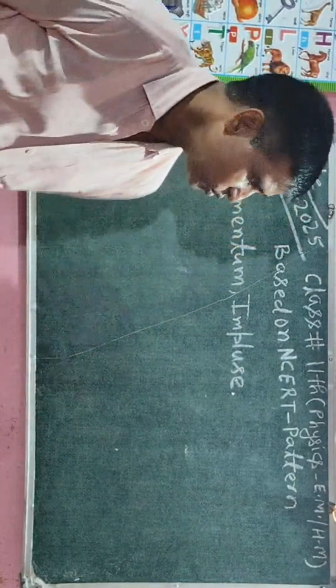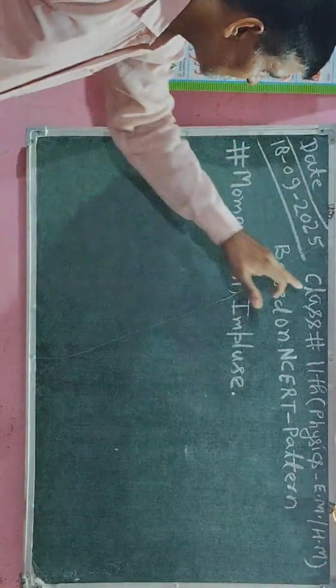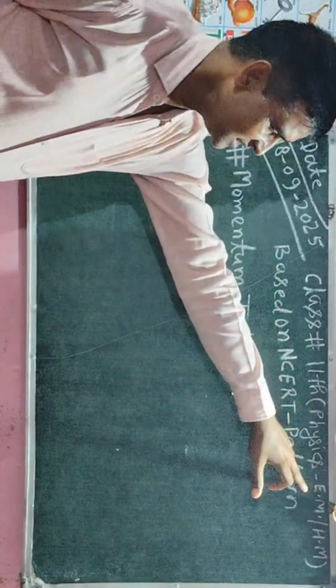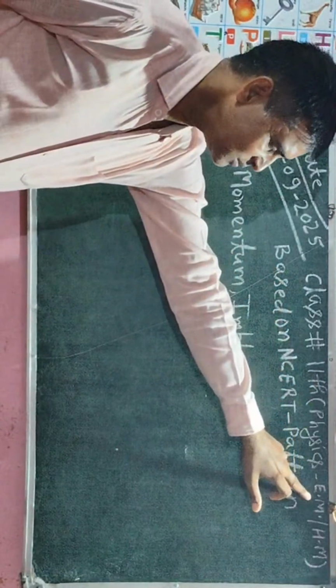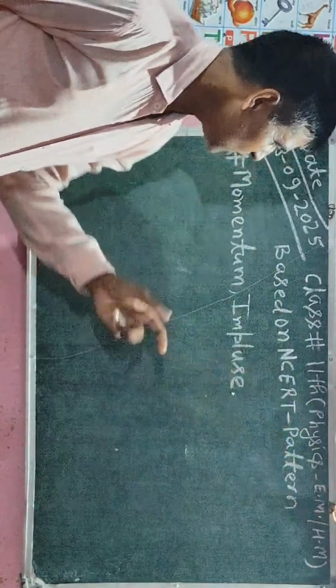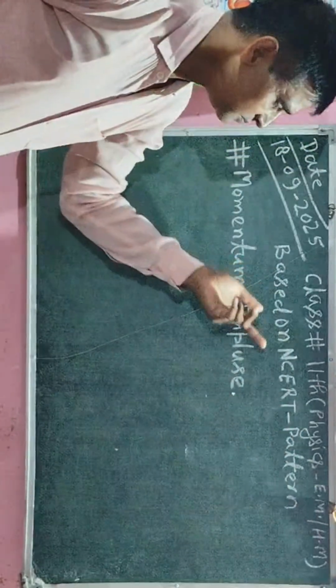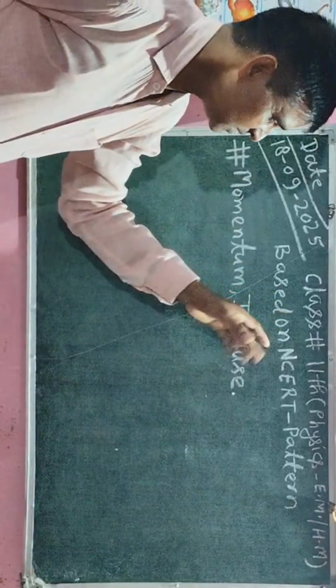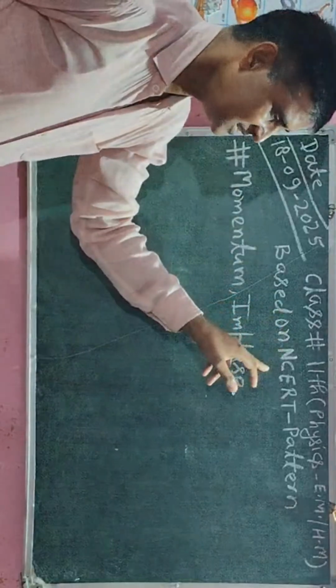Now I am going to start it. Here this is the class 11 physics, and it is in both mediums, English medium and Hindi medium. Now here I will explain the concept in the form of NCERT pattern.